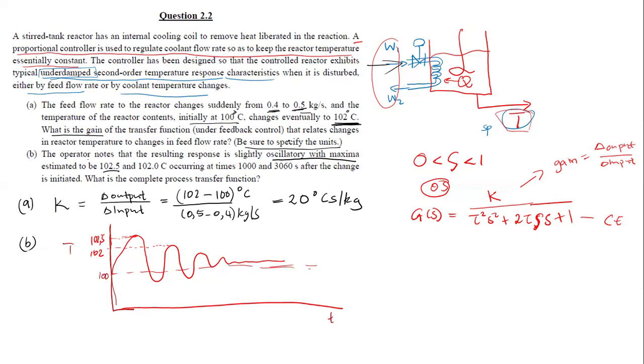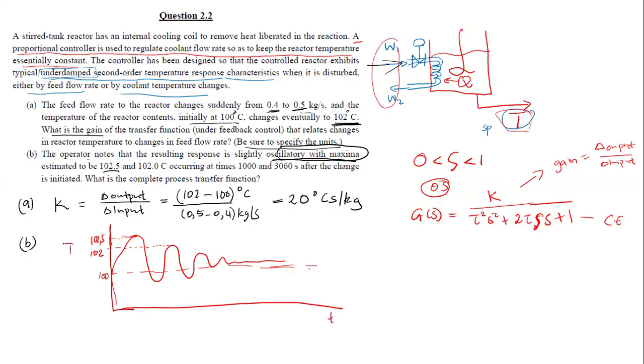The reason why I'm drawing this is that the operator notes that the resulting response, this is the response, is slightly oscillatory, with maximum estimated to be 102.5, and then it goes back again to 102, to less than this peak, until it goes back to the set point again.